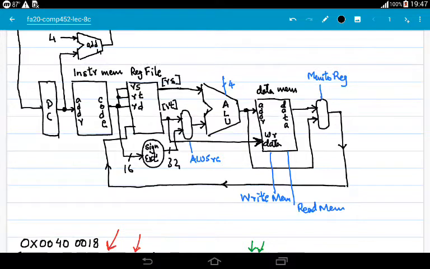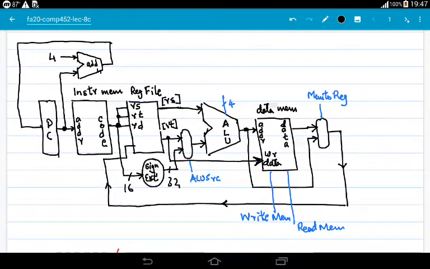Next it performs a subtraction operation, because it wants to test whether the two registers are equal or not, so it performs a subtraction on the value stored in register S0 and the value stored in register 0.